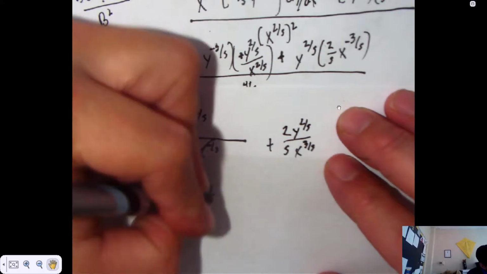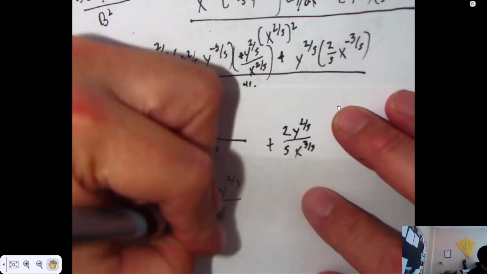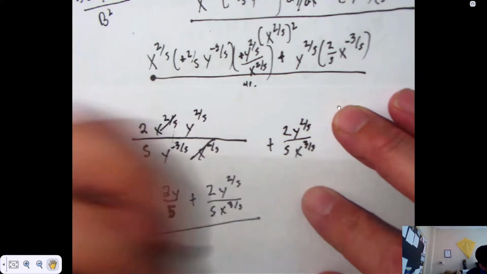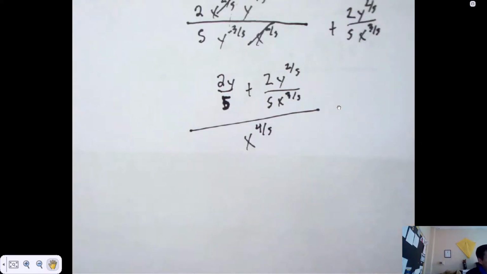So plus 2y to the 2/5 over 5x to the 3/5. And that is all sitting over x to the 4/5, which doesn't look anything so far like anything we have written as an answer choice. So you add the fractions together.